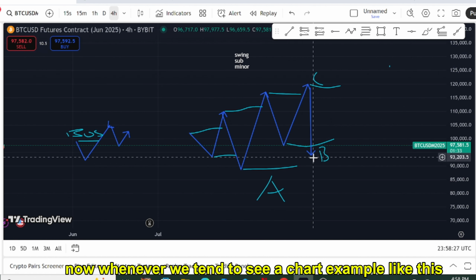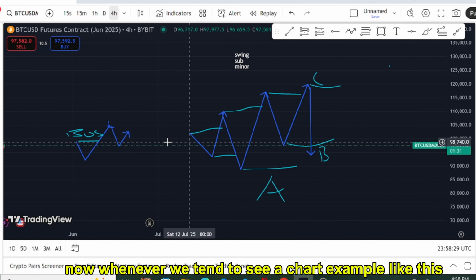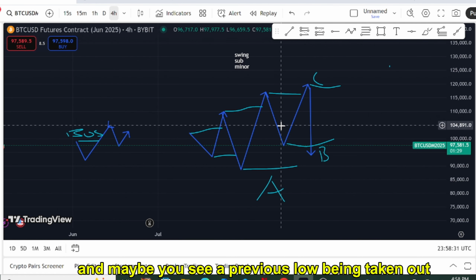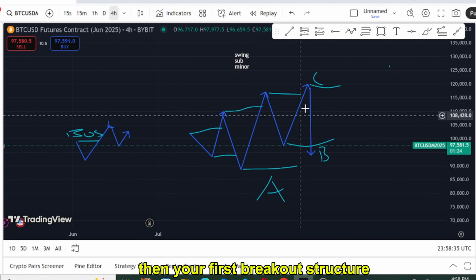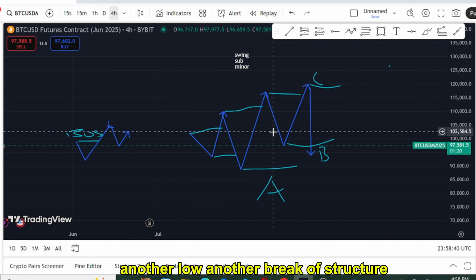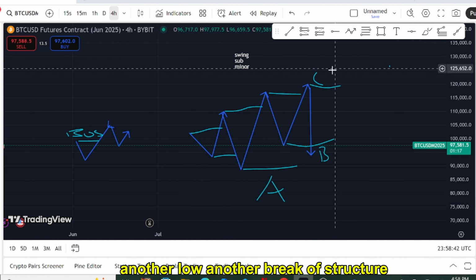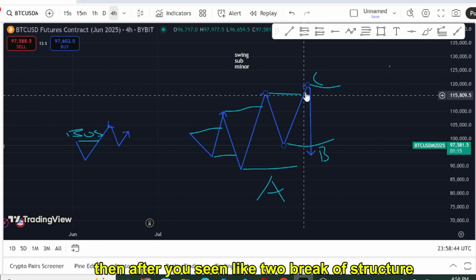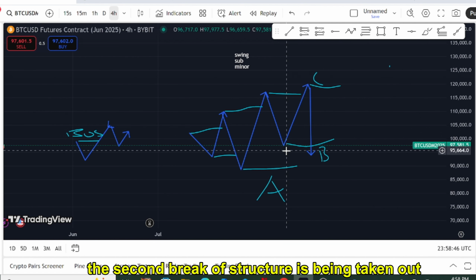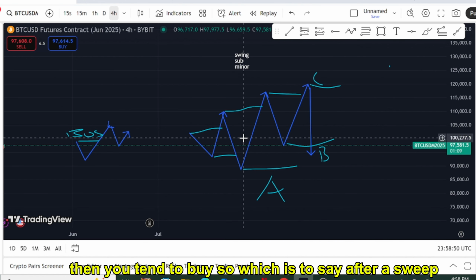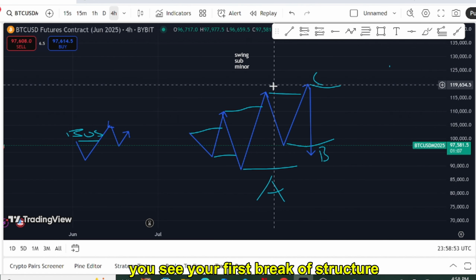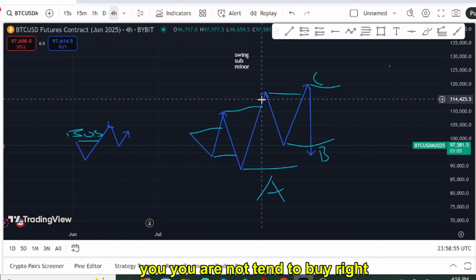Now whenever we see a chart example like this, where you see a previous low being taken out, then a first break of structure, another low, another break of structure, then after you've seen two breaks of structure, whenever the second break of structure is taken out, you tend to buy. Which is to say, after a sweep, you see your first break of structure, you do not buy, right?